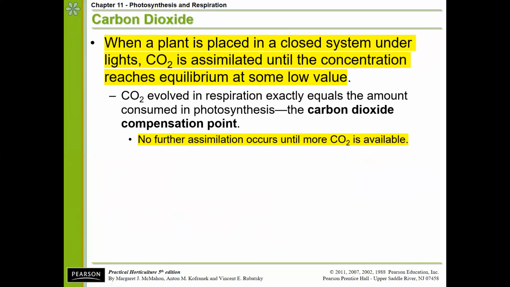And really what we're saying here is just that there's a point at which plants will basically absorb all of the carbon dioxide that they can use, and then they'll stop. They won't actually be able to undergo any more photosynthesis until we have more carbon dioxide available.